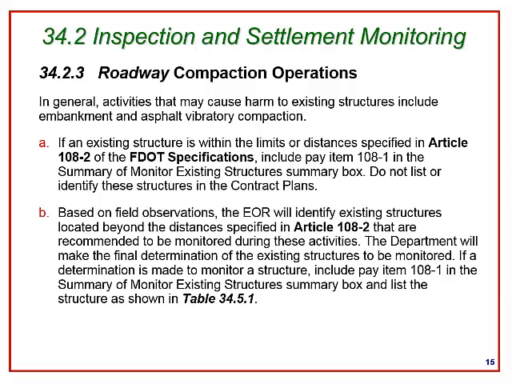If there's a structure within the distance and none outside the limits, the summary will include a total of 1 under the 108-1 and not list any structures. This is similar to a couple slides ago where we just have the 1 and we do not list any other structures. So for our example of settlement monitoring for compaction operations, it's on the slide highlighted in yellow.